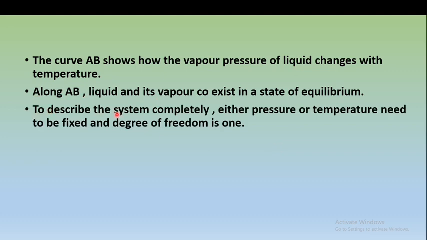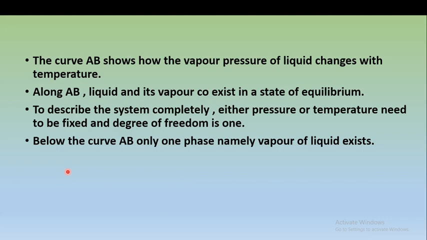To describe the system completely, either pressure or temperature needs to be fixed, and the degree of freedom is 1. So the number of degrees of freedom is 1, that is, the system is monovariant.